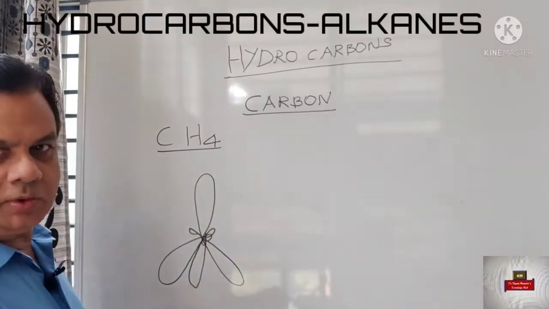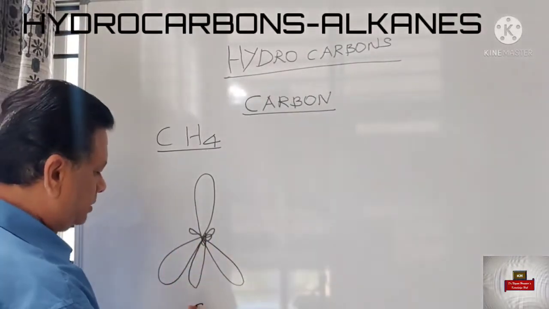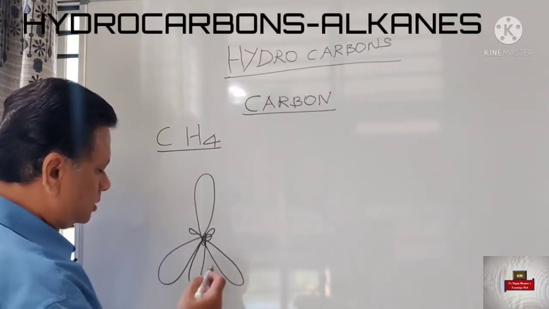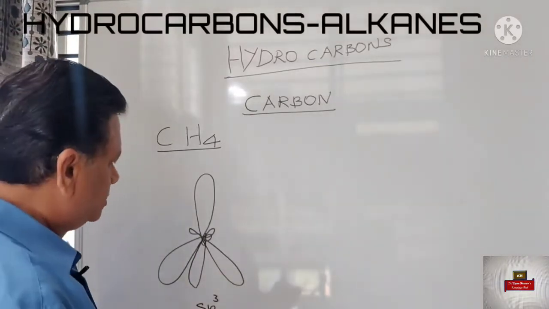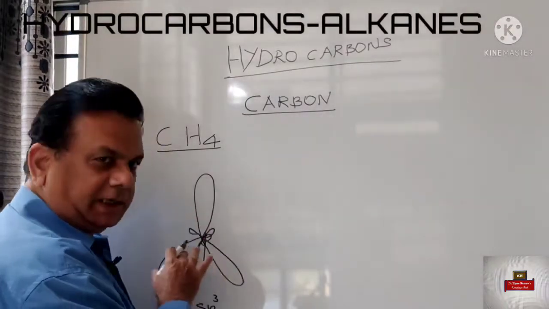Again, they are not uniform because I am not good at the drawing. So this is sp3 hybridized orbital. Now each one has got one electron.